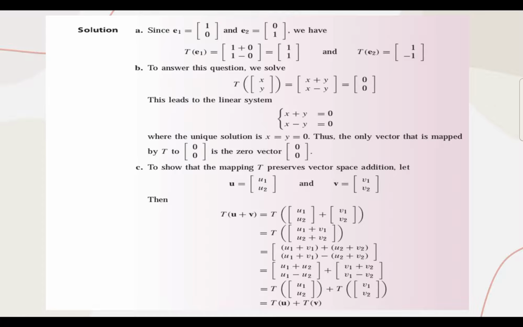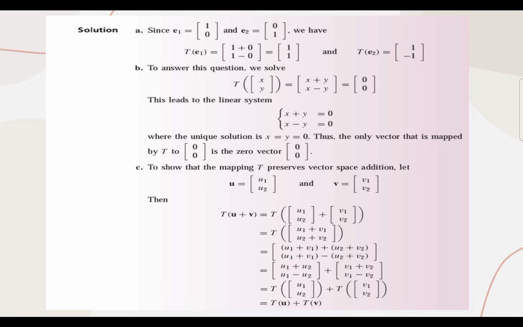So, (u sub 1 plus v sub 1) plus (u sub 2 plus v sub 2), then (u sub 1 plus v sub 1) minus (u sub 2 plus v sub 2). So, we get (u sub 1 plus u sub 2, u sub 1 minus u sub 2) plus (v sub 1 plus v sub 2, v sub 1 minus v sub 2). So, we get the transformation of (u sub 1, u sub 2) plus the transformation of (v sub 1, v sub 2), or we get T of u plus T of v.